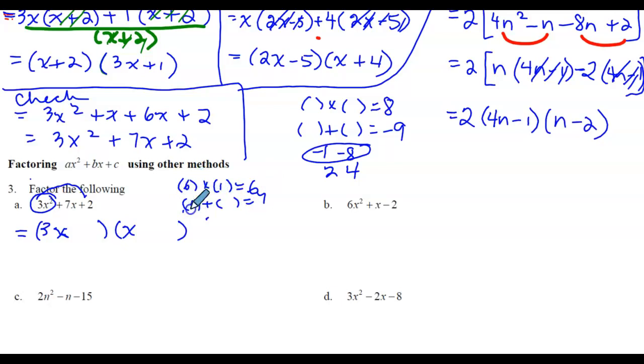The thing is, you do not put, if I put 6 and 1 in here with a plus, don't write it. If I do that, right away I know it's wrong. 6 times 1 is not 2. Okay, so I'm kind of using part of the decomposition method. Oh, just a second. Just want to erase this.